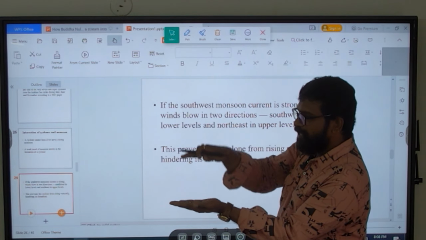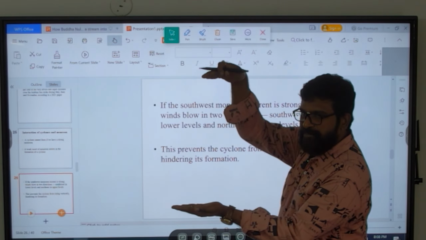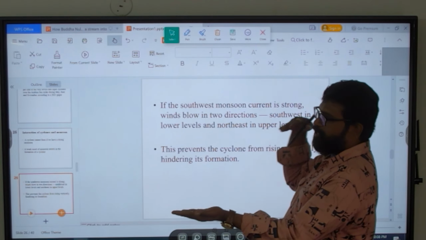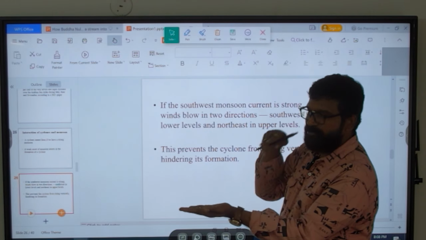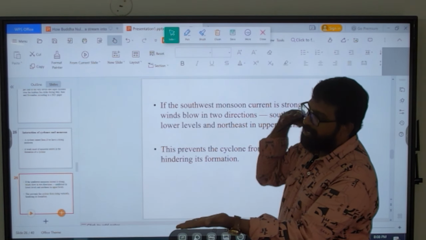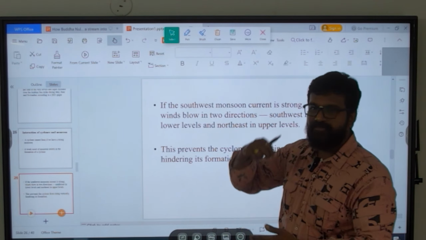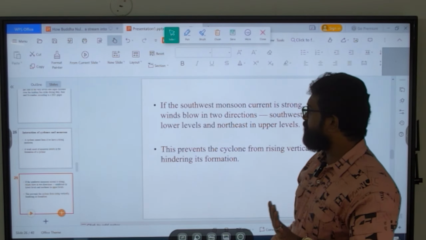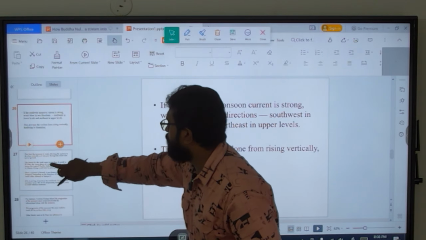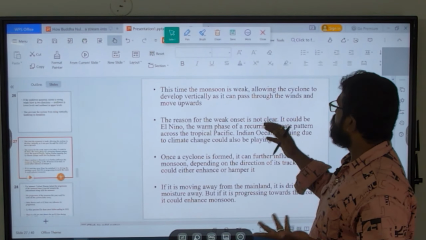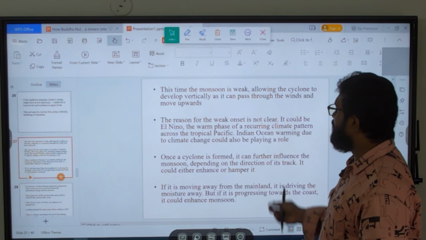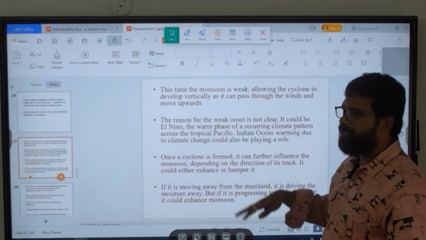When a strong monsoon wind is coming, the cyclone never forms. When the monsoon wind is very weak, definitely the cyclone will be very strong. This time the monsoon is weak, allowing the cyclone to develop vertically as it can pass through the winds and move upward.